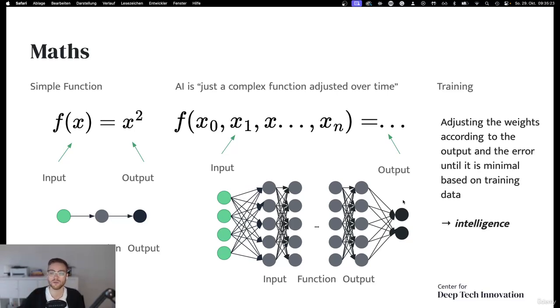And we do this with a lot of different data points over and over again until our error is as minimal as possible. And that's really the intelligence that comes into artificial intelligence, right?